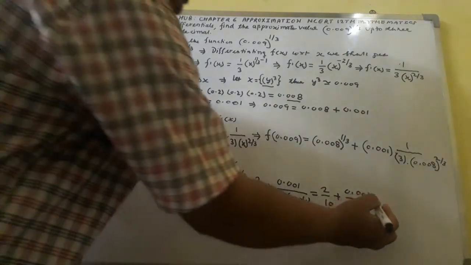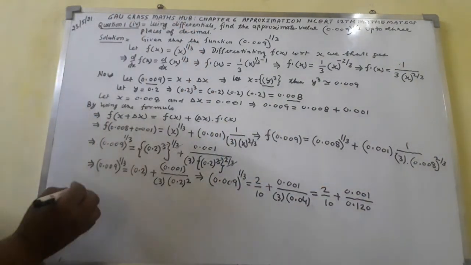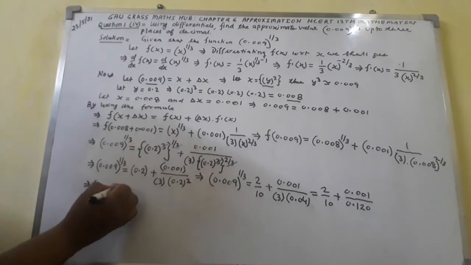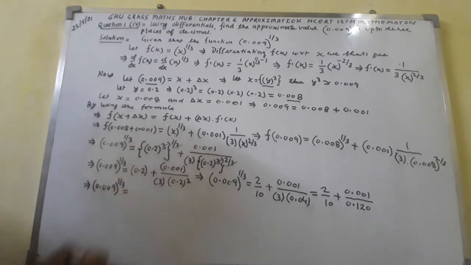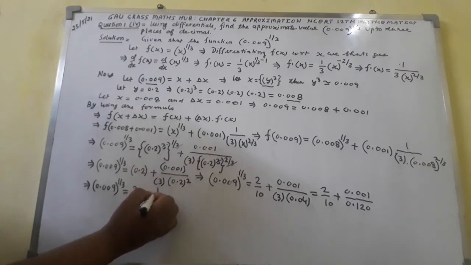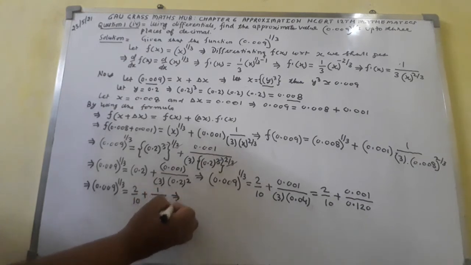Now here you can write 0. This thing will be got. Again I shall write, implied that 0.009 raised to the power 1/3 equal to 2/10 plus 1/120. This thing can be written.